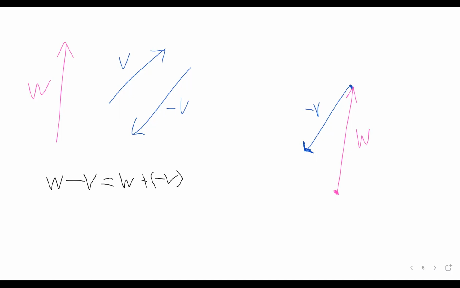And so then the final vector W minus V is the vector that starts at the initial point of W and ends on the terminal point of negative V. So that's the vector W minus V, W plus negative V. The arrow is pointing exactly to the terminal point of negative V. Okay, so now we've also defined vector subtraction by vector addition.